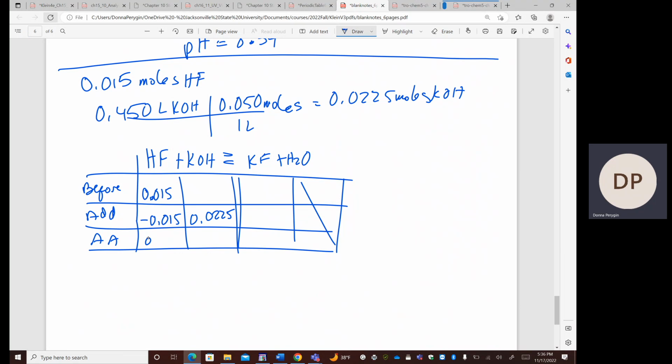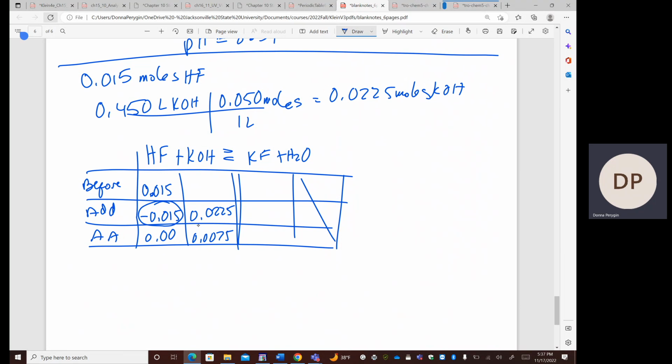And so we're left with no HF, but we subtract the amount of KOH we lost, and we get 0.0075 moles of KOH, and we get 0.015 moles of KF, okay?